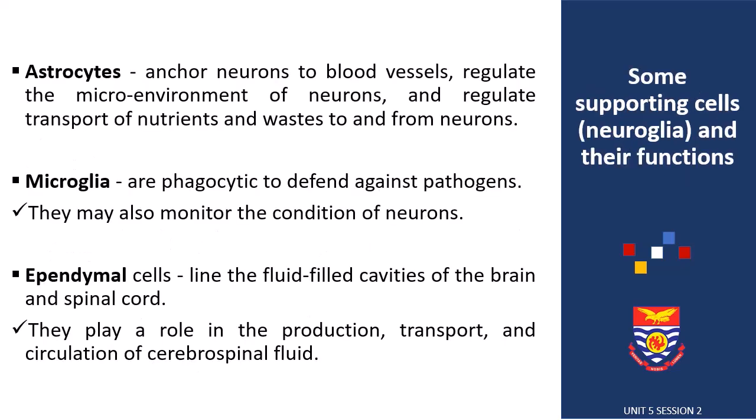Supporting cells are also referred to as neuroglia, and we will look at some of these types of cells and their function. The first one is astrocytes, which anchor neurons to blood vessels, and because of that, they help in regulating the microenvironment of neurons and the transport of nutrients and waste to and from the neurons.